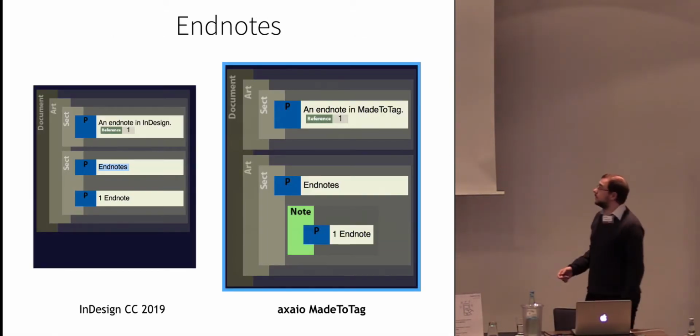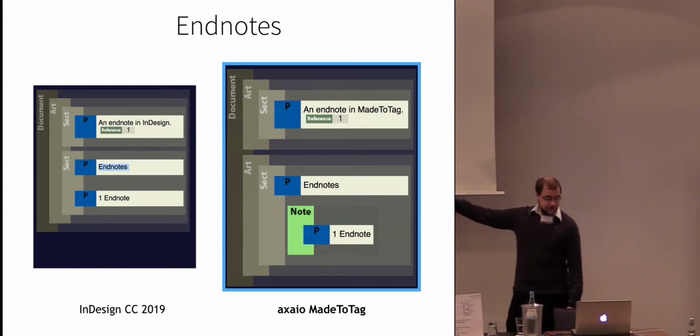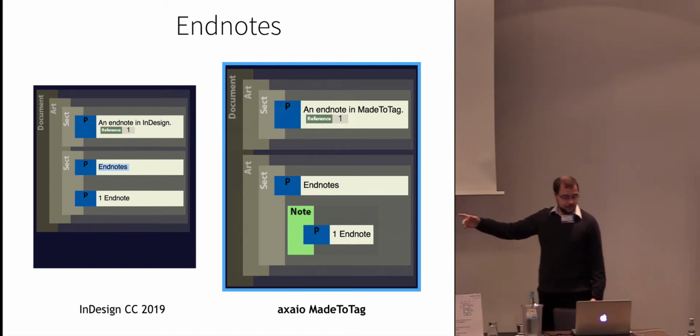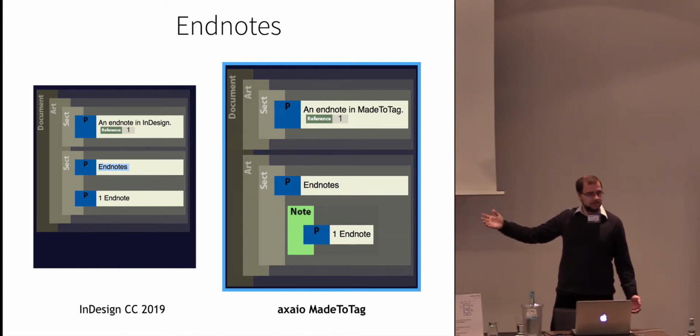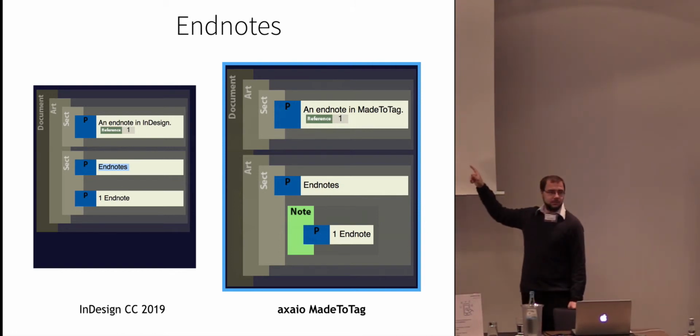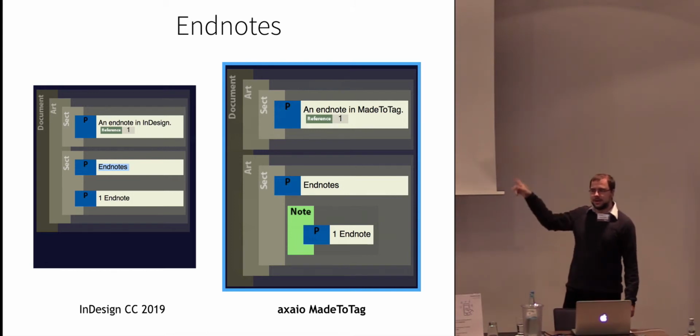And on the left side, I have the example of how it would look in InDesign. So you have just P, and with MadeToTag, you actually have a Note. So you get that example.